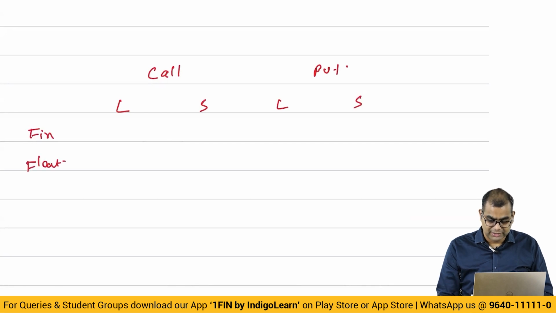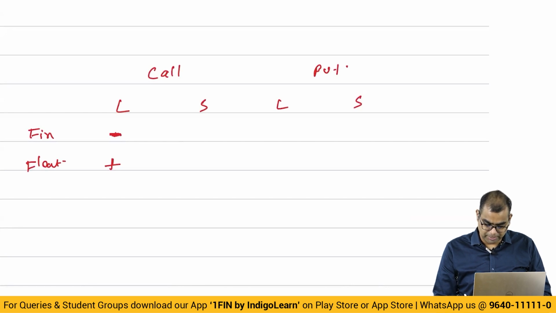Call, put, long, short, fixed, floating. A long call is a right to pay fixed. Pay means minus, so I will put this as minus, and receive floating. A put is what?